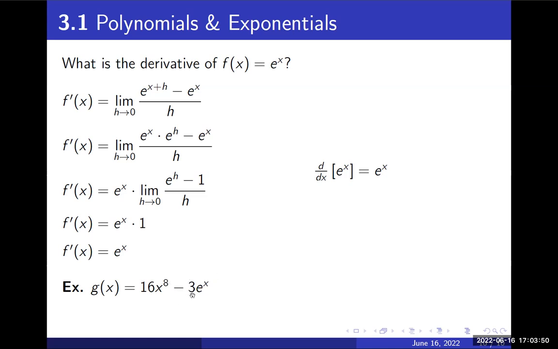That constant multiple minus 3 would carry. And we know the derivative of e to the x is itself. And so here's the answer, 128 x to the 7th minus 3 e to the x. All of that's the same because even the constant multiple carries. And there we go. That's the end of 3.1.